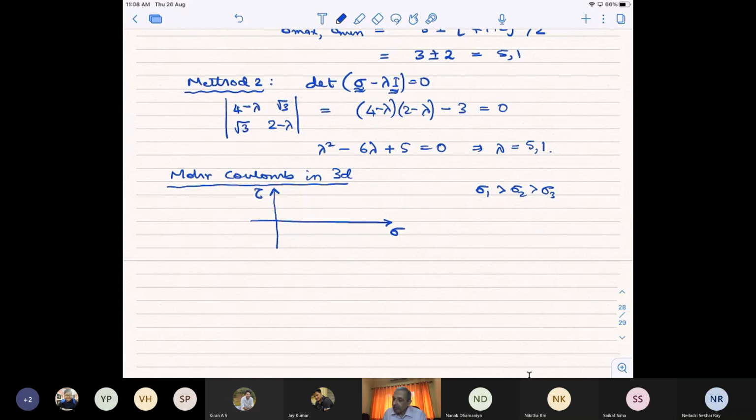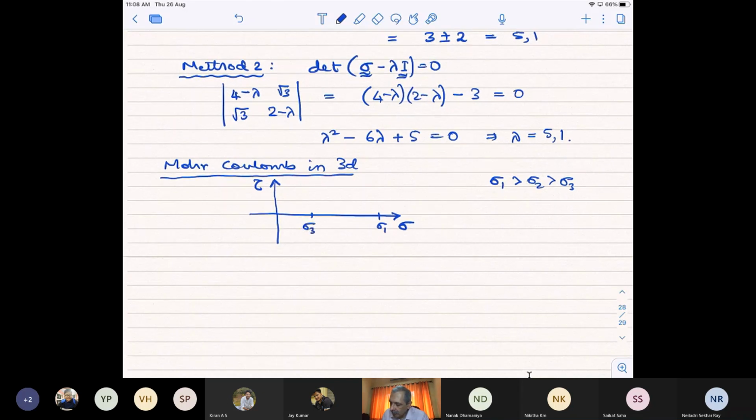So sigma 1 would be sigma max. Let's say if we are considering two of them, sigma 1 and sigma 2, I can plot them here. Let's call this sigma 1, and let's call this sigma 3, and let's call this sigma 2.